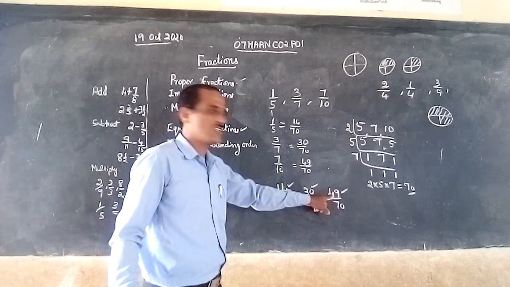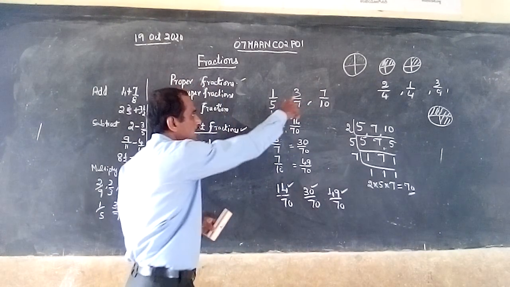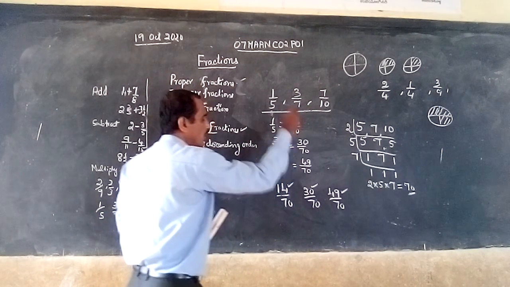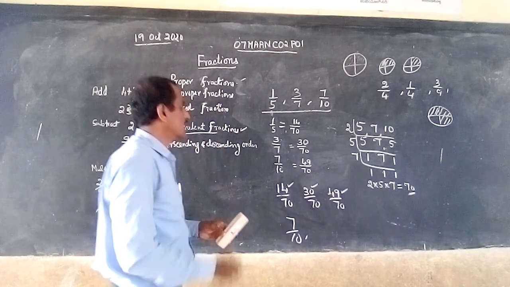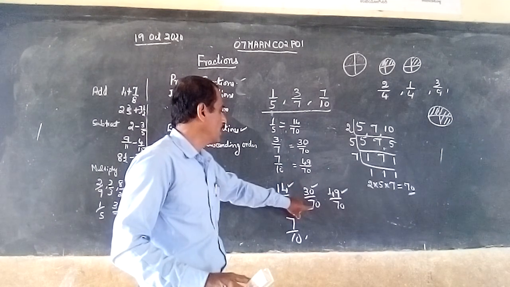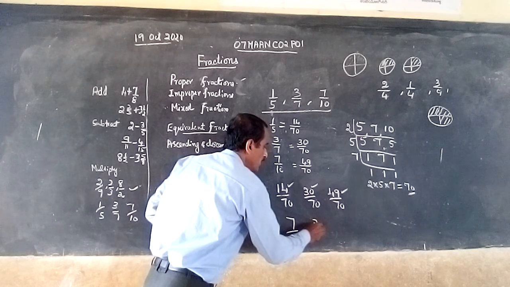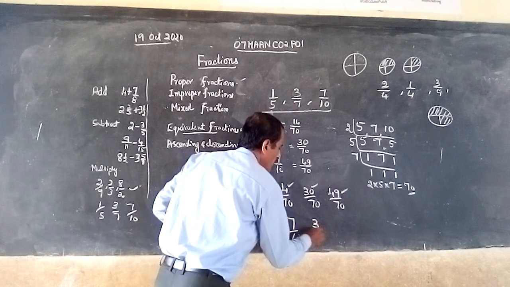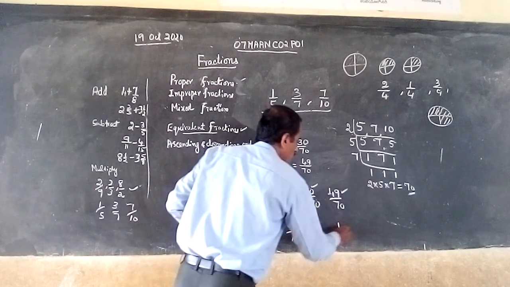So this is the biggest fraction. This is the equivalent fraction of 7 by 10. If you write this in descending order, 7 by 10 is the biggest fraction. The next biggest fraction is 30 by 70 or 3 by 7, and 1 by 5 is the smallest one.